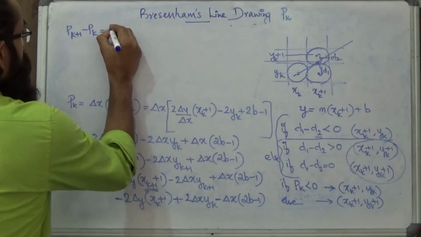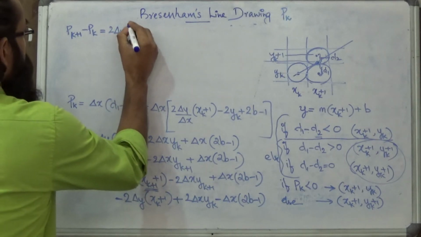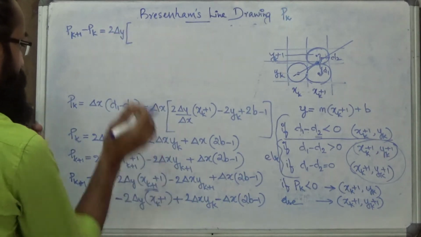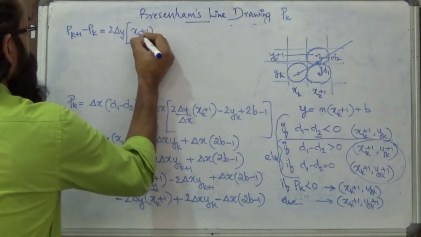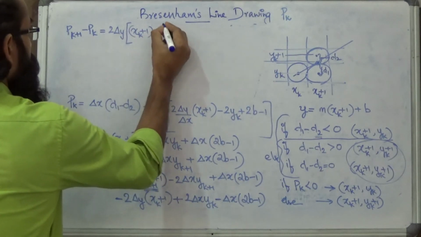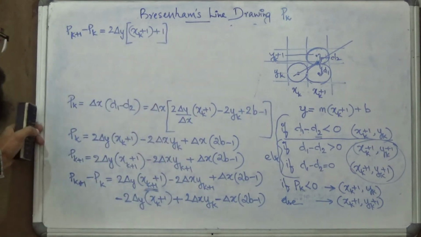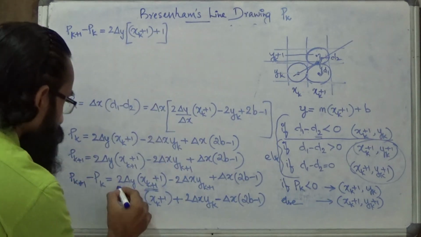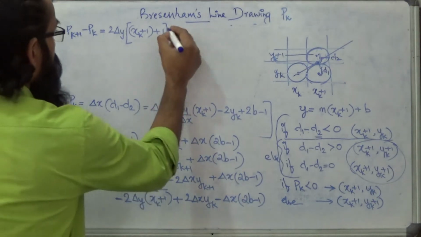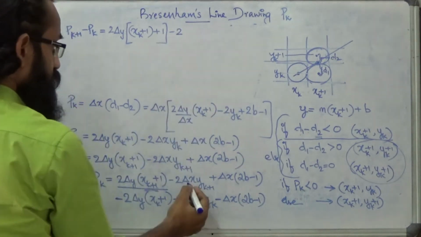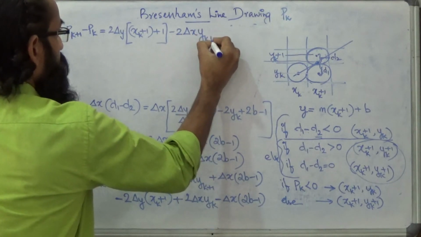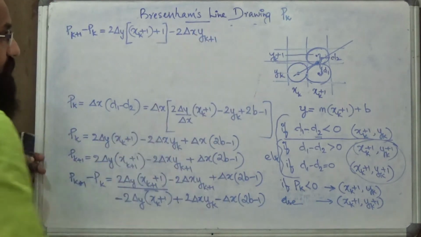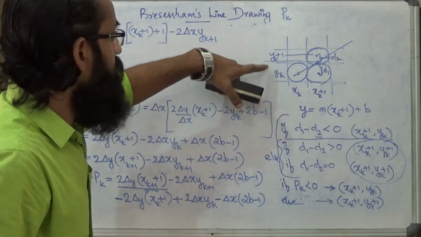So 2 into delta y, I can expand this as (xk+1) plus 1, okay, so I have considered this one, minus 2 delta x. We cannot replace yk+1 with yk plus 1 or yk.